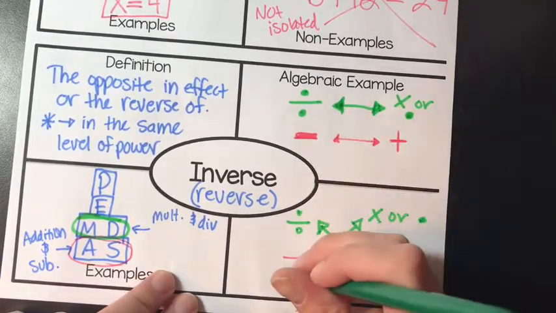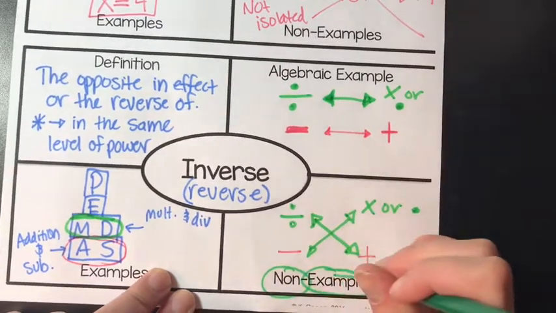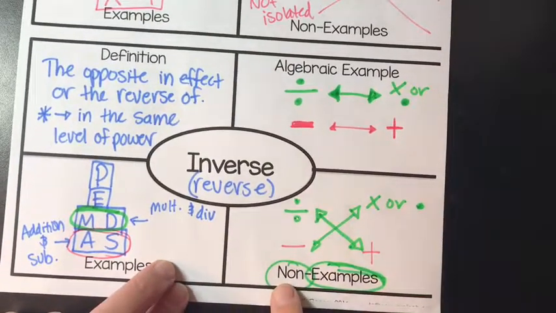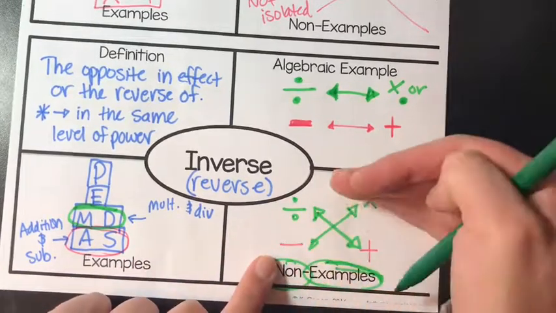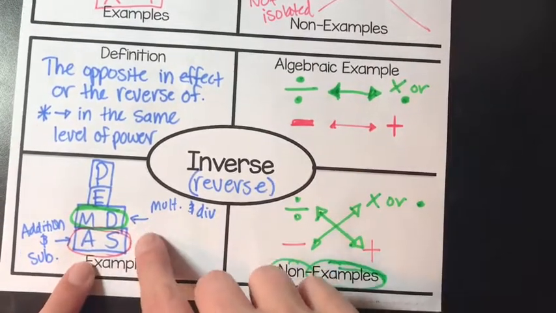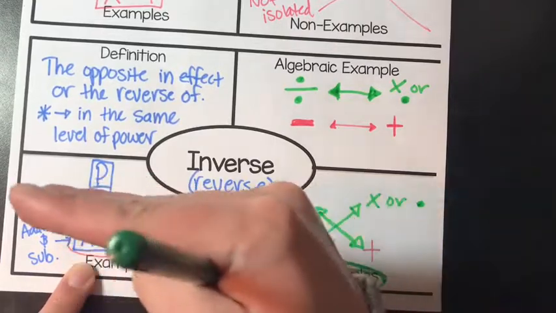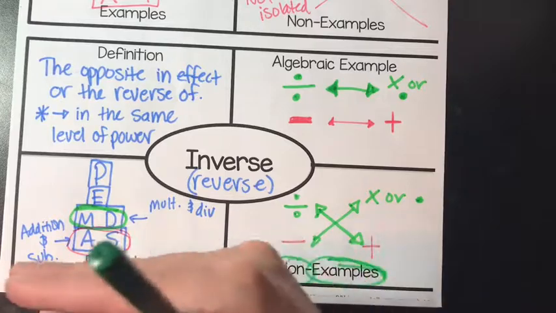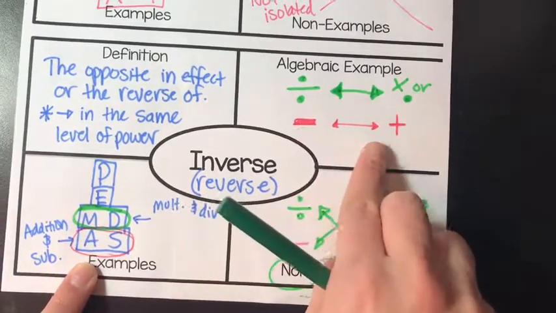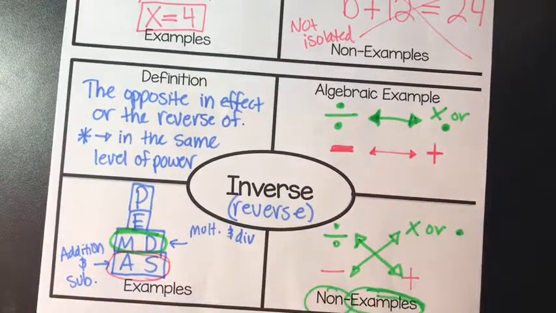These are non-examples. Sorry. These crisscrossing are not the opposite of each other because they're at different levels of power, like I showed on PEMDAS. Multiplication and division, same level of power, they are each other's opposites. Addition and subtraction, same level of power, each other's opposites. All right, you are ready to move on.